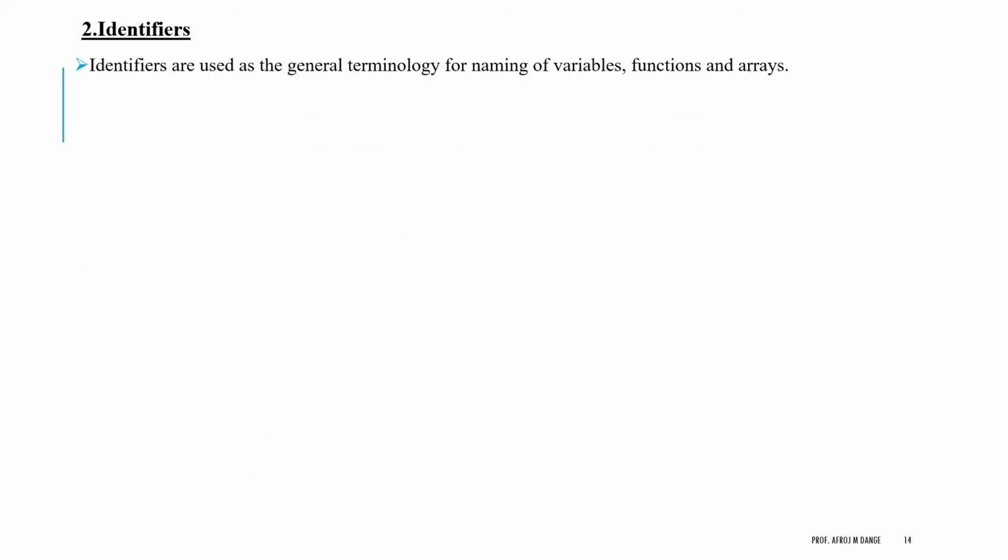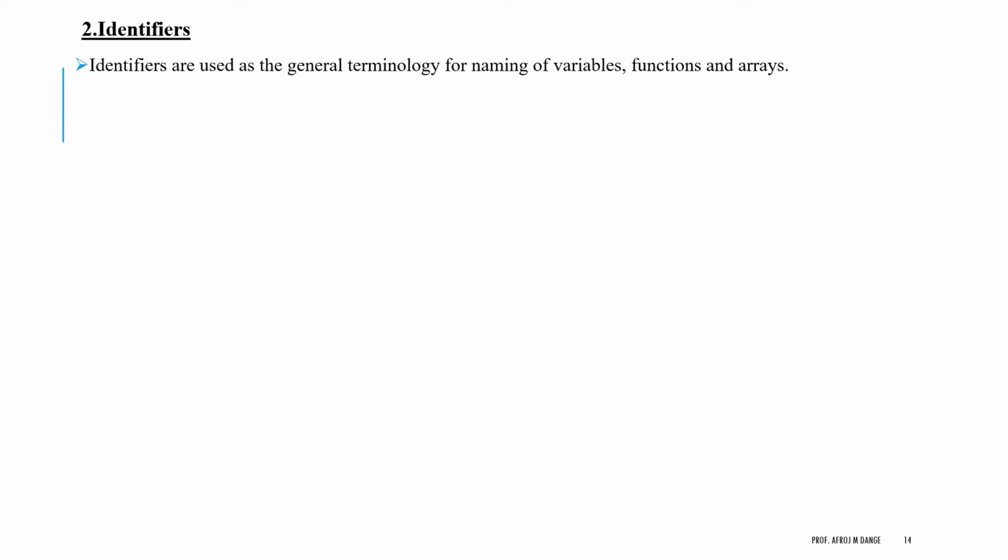Let's talk about identifiers. Identifiers are names for entities in a C program such as variables, arrays, functions, structures, unions, and labels. An identifier can be composed only of uppercase and lowercase letters, underscore, and digits, but should start only with an alphabet or an underscore.